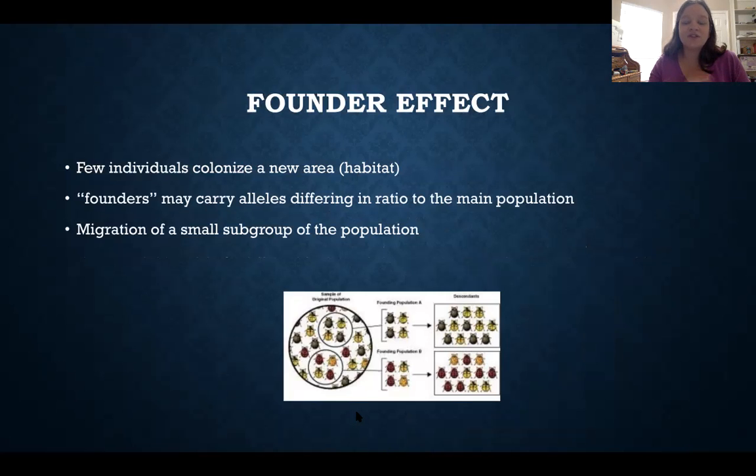Again, you have just this random change because it's not usually based on anything genetic that we would have this group go. So you end up with different alleles just by chance because those were the ones that happened to be transplanted to that new area.